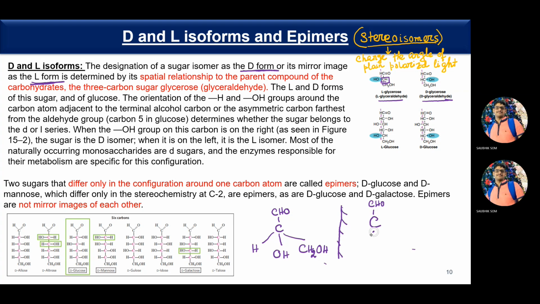If you consider the mirror image, the CH2OH will come here. This OH, if it was on the plane, will go below the plane, and this will be H. Those will always shift. As you can see, this OH has been shifted to this side and this H has come to this side, correct? The other things we cannot say how the chirality is changing because it's on the plane.